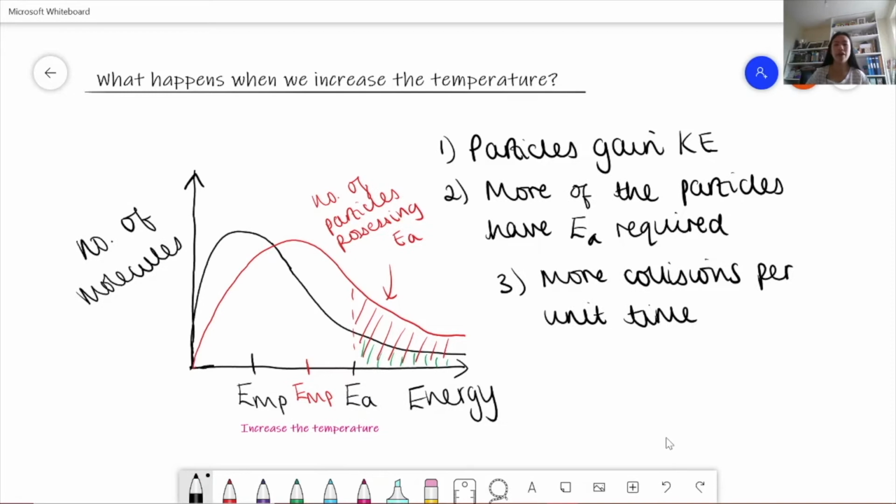So overall, there are more successful collisions. And the two things you need to remember about the distribution are that, firstly, the activation energy doesn't change, but the number of particles possessing the activation energy is increased, and also the most probable energy is increased.